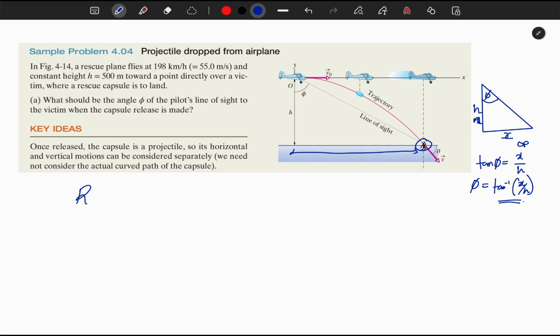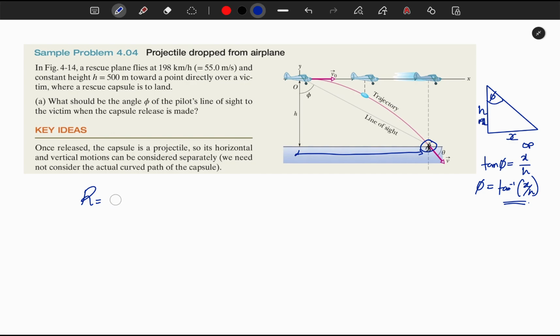We know that range is given by just distance multiplied by what? Time. Oh, velocity multiplied by time. But in this case, our velocity is u cosine theta. We multiply that by what? t.